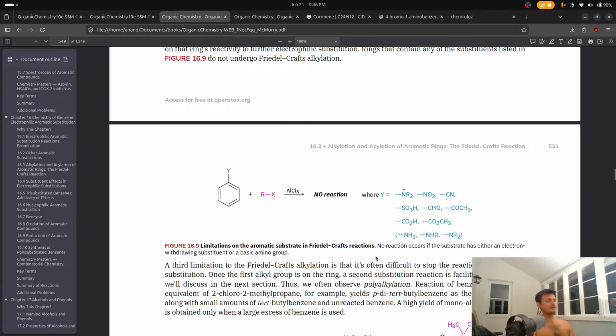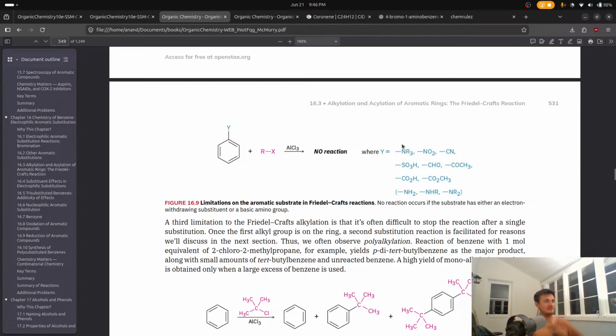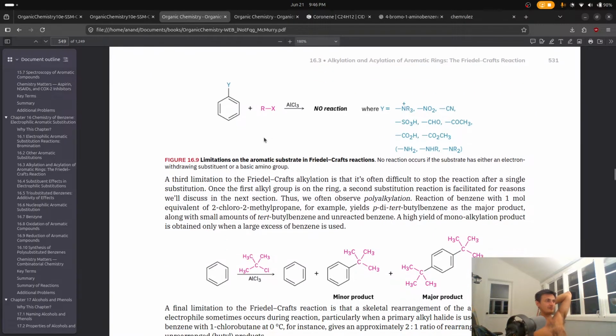Literally anytime there's a substituent on it that's not maybe methyl or another alkyl group. What about another alkyl group?